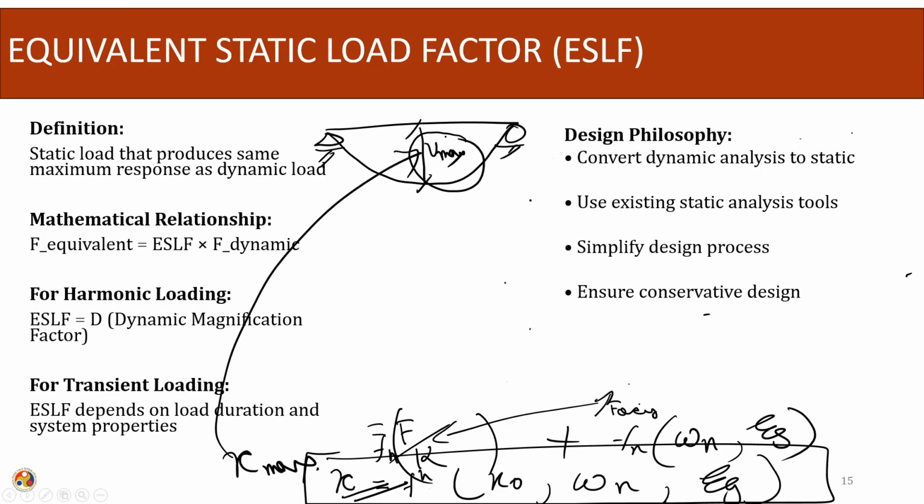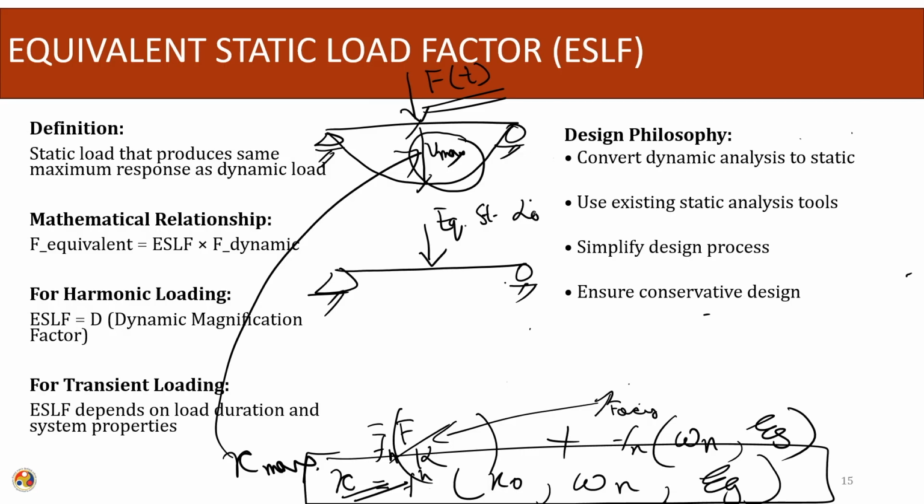So, when we started this problem, the u max was caused by an external applied load, a time varying external applied load. Now, we are arguing that this has been caused by a static load. We put an equivalent static load, and this load caused this u max.